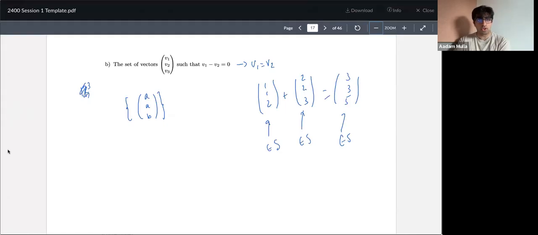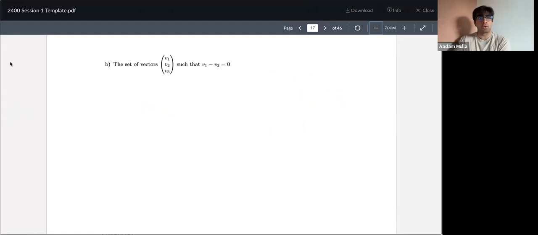All we do to show this in general is we do it for a general case. So let (A, A, B) be a vector in S, where S is our subspace here. Actually, we need to take 2 vectors in S because we have to add.